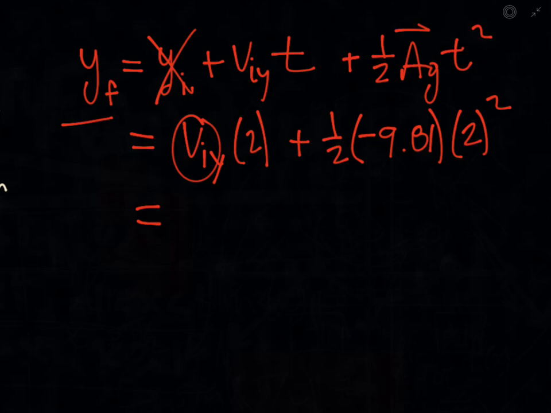If we plug all this into our calculator, 86.6025438 times 2 is going to give us 173.205, etc. Again, keeping all that in our calculator, and then we have 1/2 times negative 9.81 times 2 squared, which is 4.